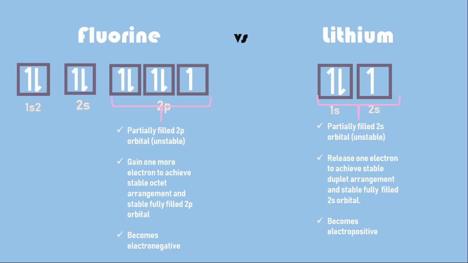Thus, it's the least electronegative atom in the period 2. Fluorine, however, with the electronic configuration of 1s2, 2s2, and 2p5, has one unpaired electron in 2p orbital. So it tends to gain another one electron to form stable octet arrangement and form a fully filled 2p orbital. Thus, it is the most electronegative atom in period 2.